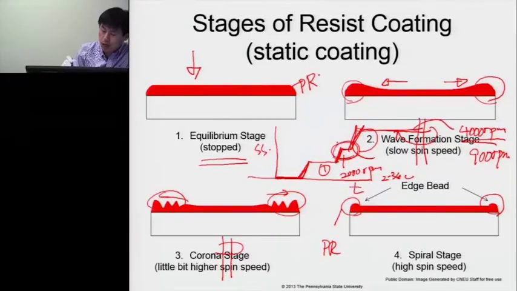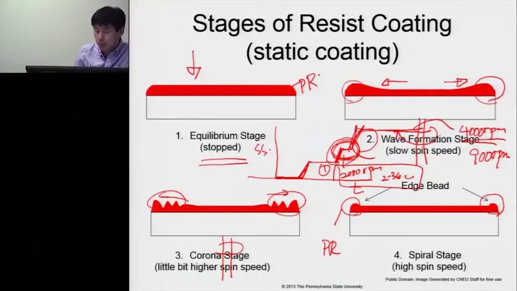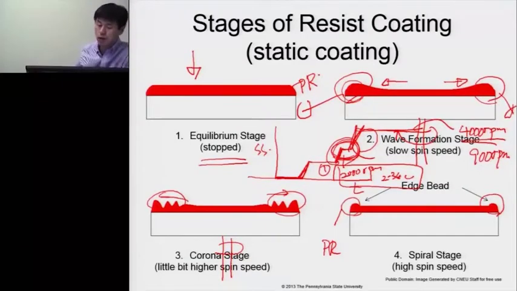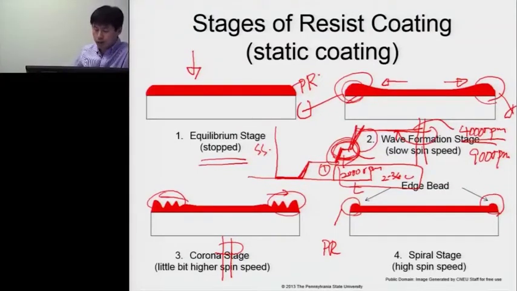The reason for this intermediate spin speed, with this very short time, is that using this speed the bead is removed. We call that a spit out process.